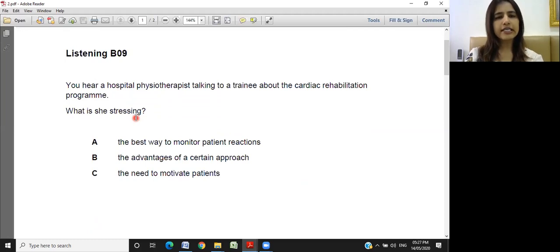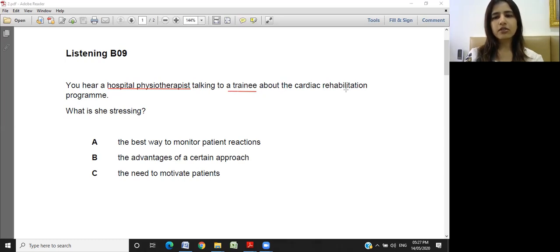It's really easy to identify the prompt because of the way in which it is designed every time. So it is a hospital physiotherapist who is talking to a trainee. This time you have more instruction-type questions, where the senior physiotherapist is talking to a trainee.